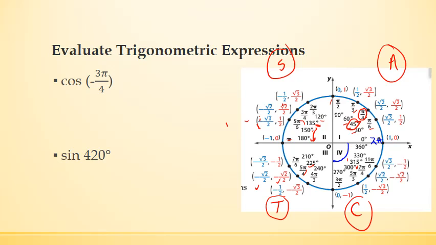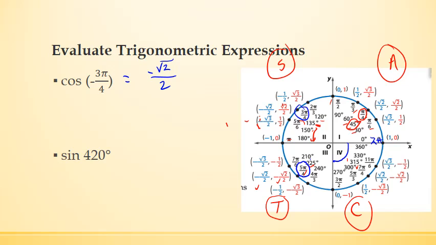So negative 3 pi over 4 would be the same as the positive 5 pi over 4. If we were going positive, we'd be going around to that location, but we have a negative angle. And so the cosine value on the unit circle for negative 3 pi over 4 is negative square root of 2 over 2.